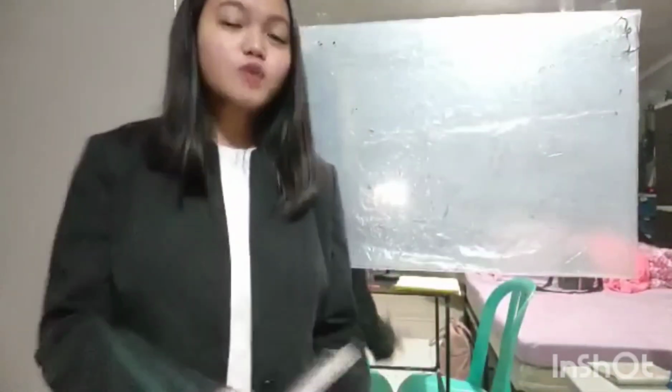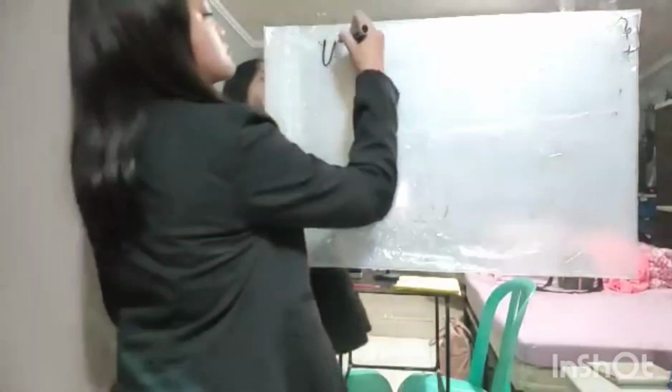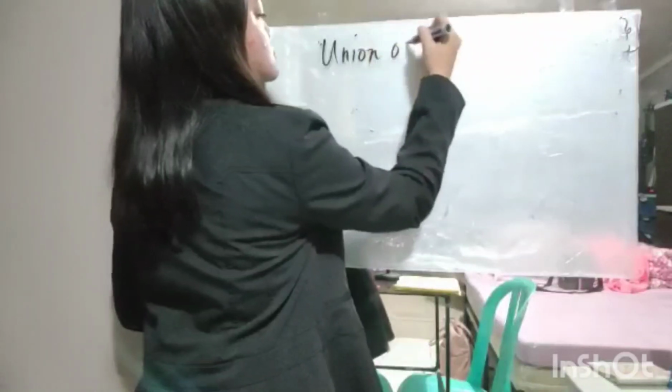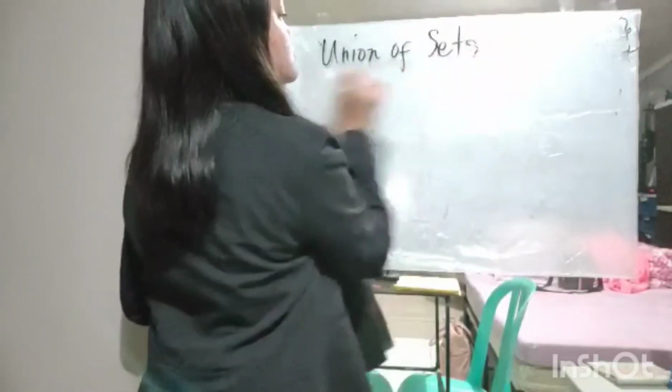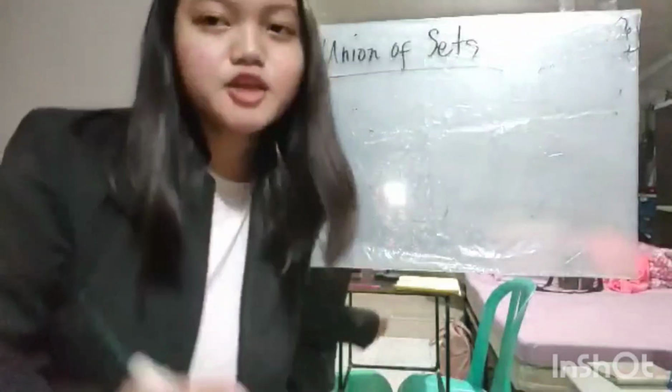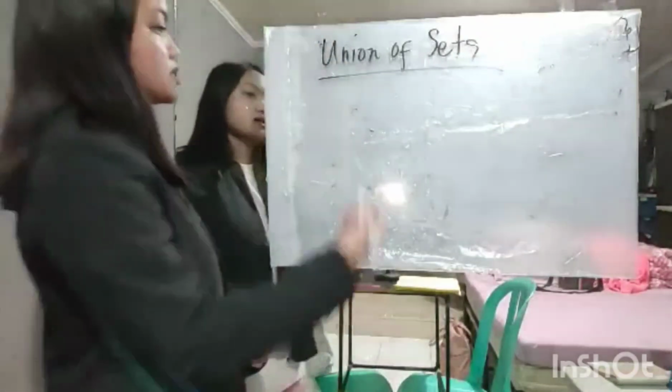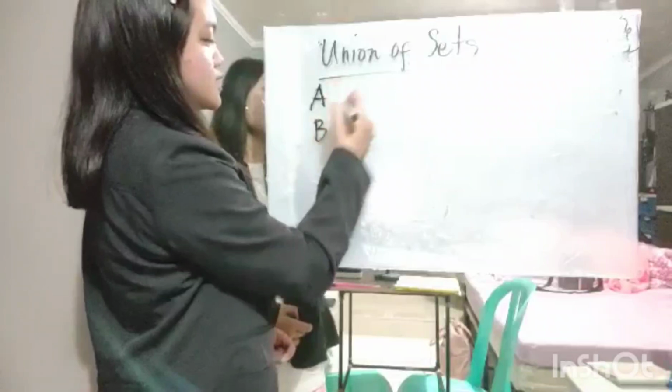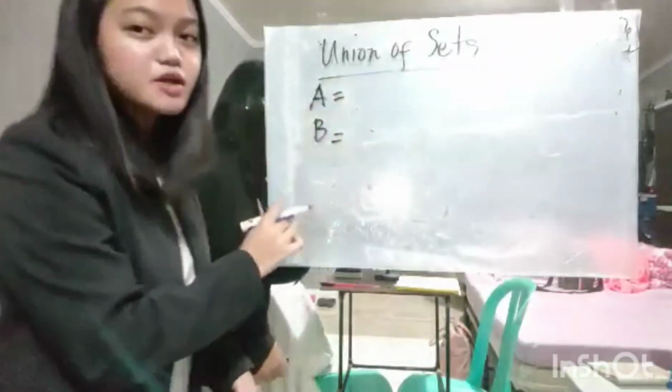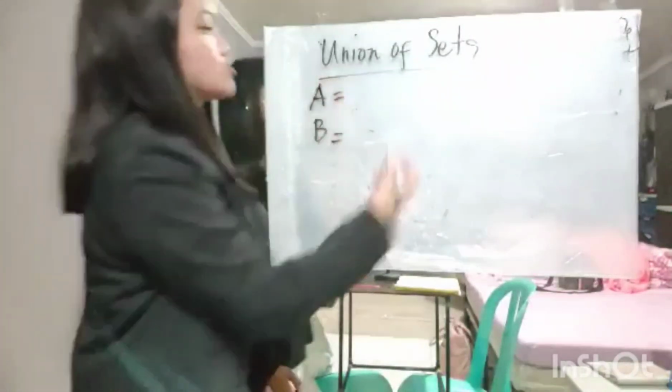So, union of sets. According to set theory, we can union two sets so that we obtain a new set that contains all the members of the united sets. For example, the sets A and B, whose members will be fruits.